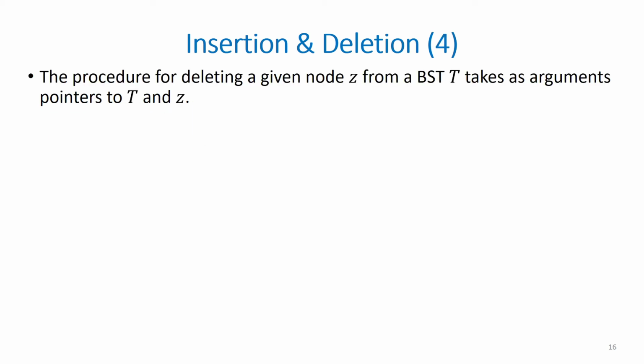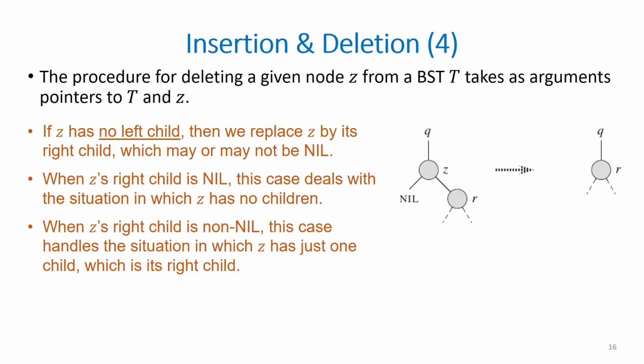The inputs to the tree delete procedure are the pointers to the root of the tree T and the node that we want to delete, that is node Z. So if Z has no left child, then we should replace Z by its right child, depending on whether it exists or not.